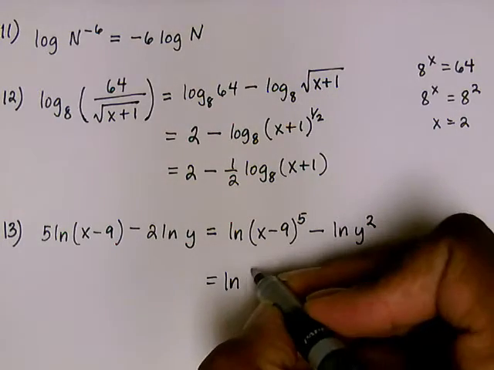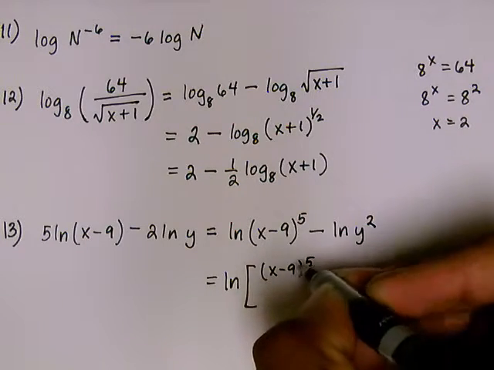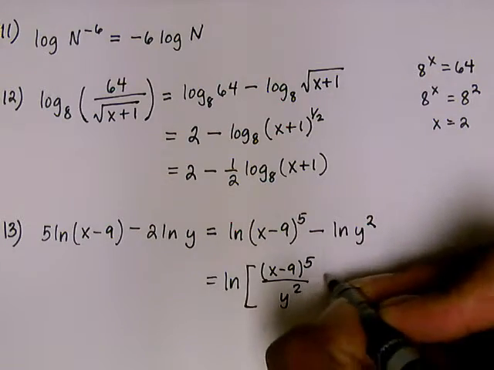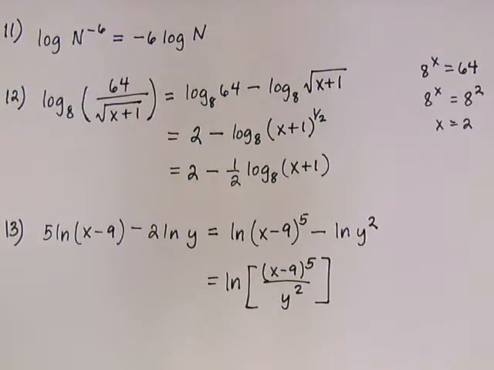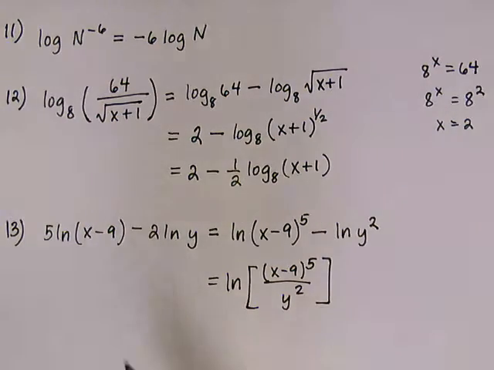So the numerator is x minus 9 raised to the 5th. The y squared will be your denominator. So that will be condensed as ln of x minus 9 to the 5th divided by y squared. Okay, so that's problem number 13. So here we have to use a combination of the power rule and the quotient rule.